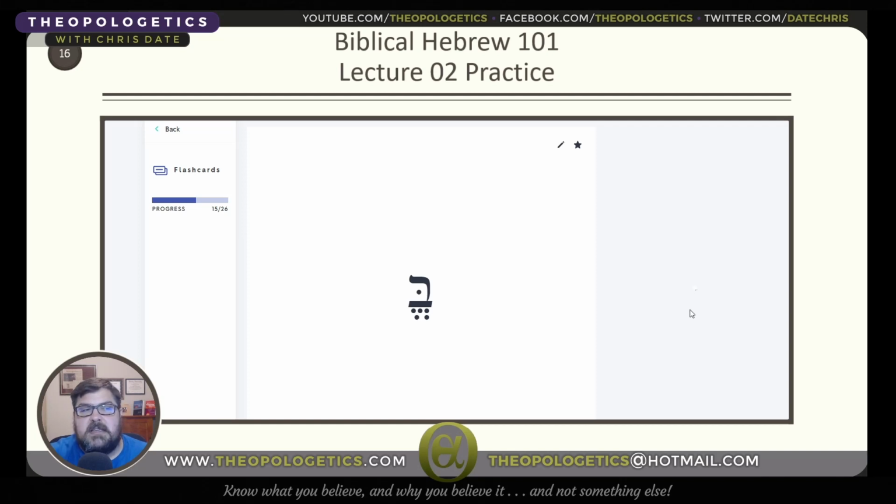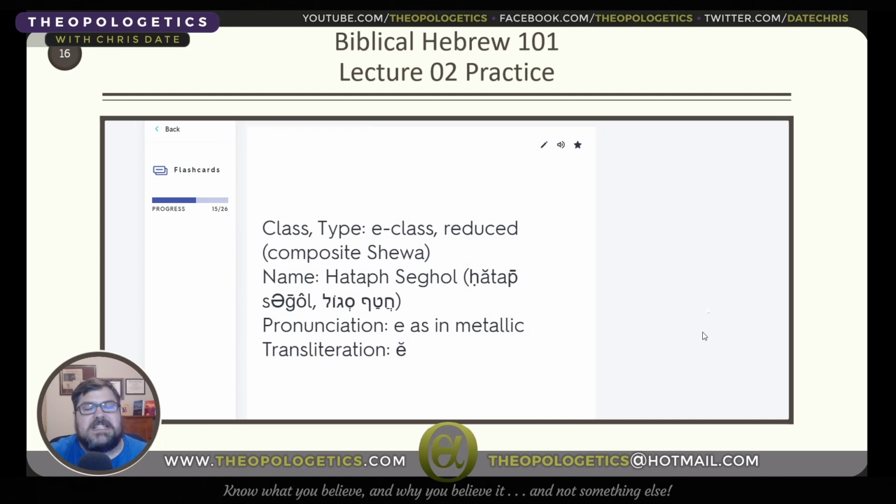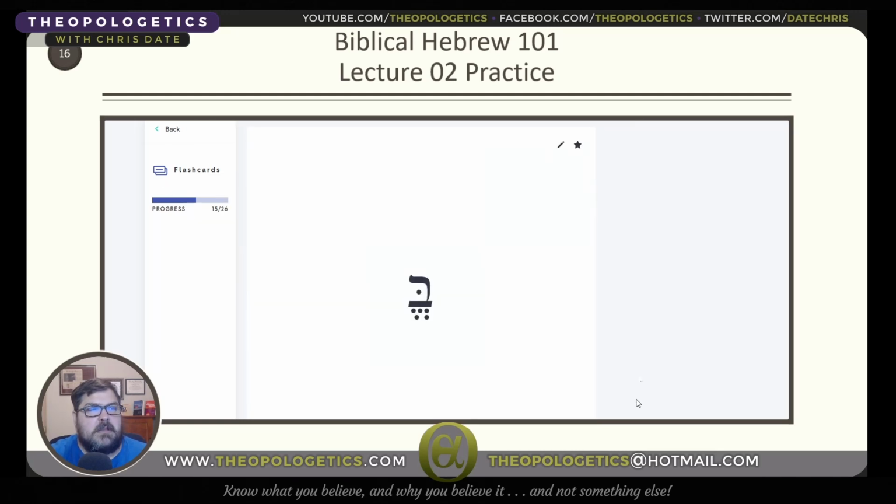It's a hurried E sound. We'll find out in a second when I flip the card. And it's transliterated using the English letter E with a half bowl on top. So metallic, that was the word, right? So it's the hurried E in the word metallic. Chataf segol.